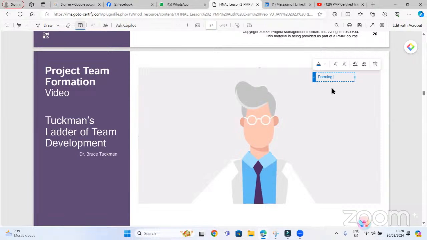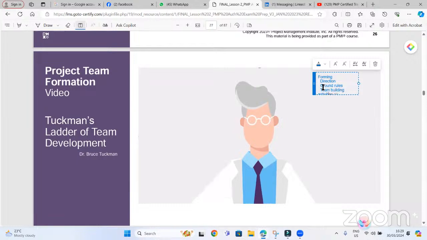So this is the stage where, as a leader, your role would be to provide them the direction, and you will set up some ground rules to deal with issues later on. And here you will also try to conduct some team building activities.